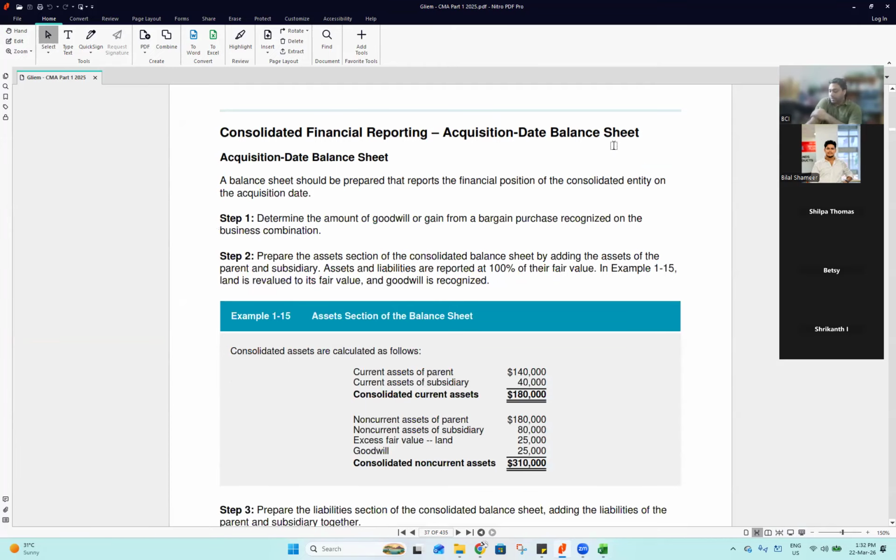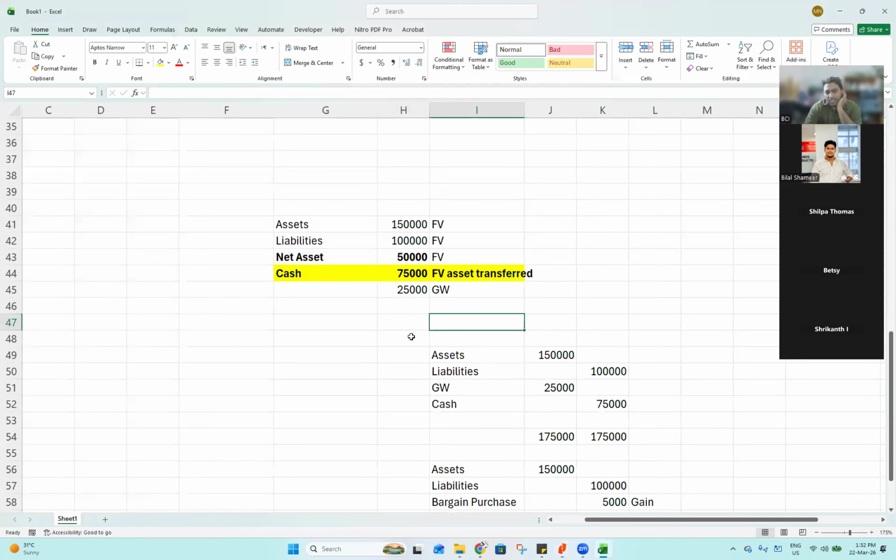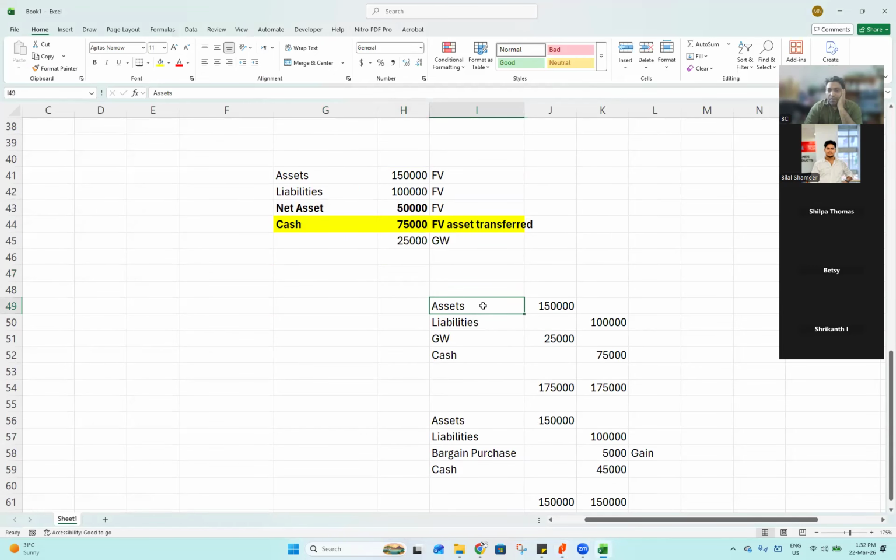On the consolidation date, when we purchase the other company, we have to prepare an acquisition date P&L and balance sheet. Why? Because we need to know until that date how much profit they made. For those profits, we are not 100% eligible, correct? We are buying the other company on March 22, for example.